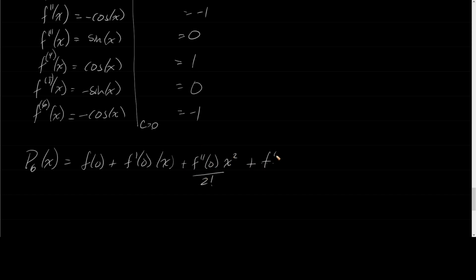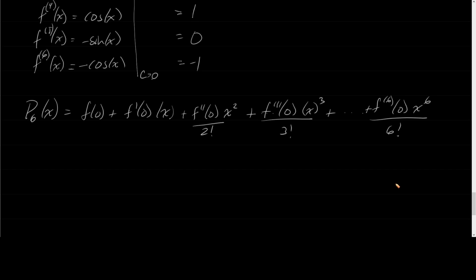I'll do one more, f triple prime of 0 times x cubed over 3 factorial, and so on and so forth up until the sixth, right? So plus the sixth derivative at 0 times x to the 6 over 6 factorial. And well, what would that give us here? f of 0.